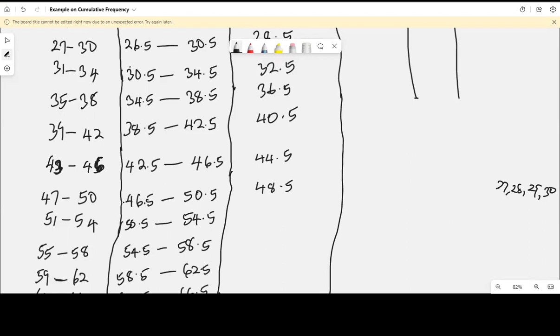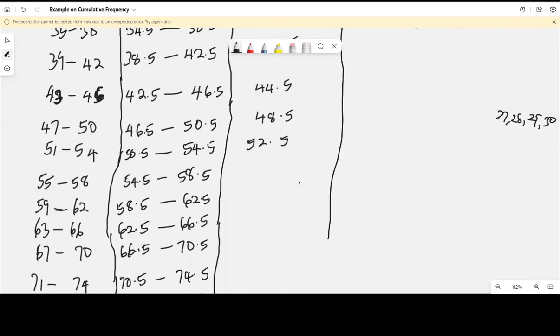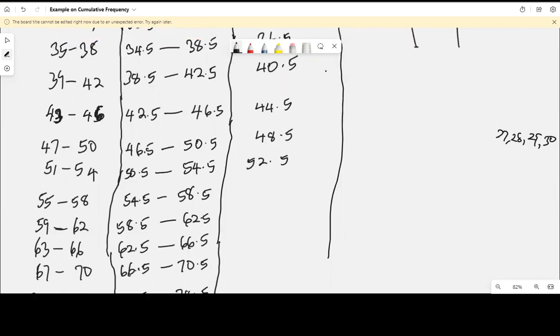Then, where are we? 51 plus 54 divided by 2 is 52.5. We can even use this to gauge the next one. If you look at what is happening here, the difference between these numbers is 4. Let's start from the beginning.